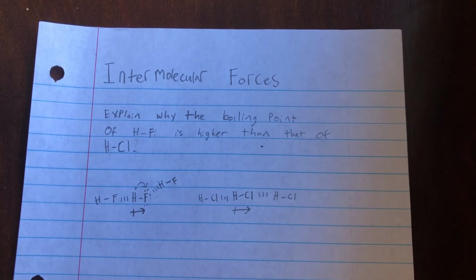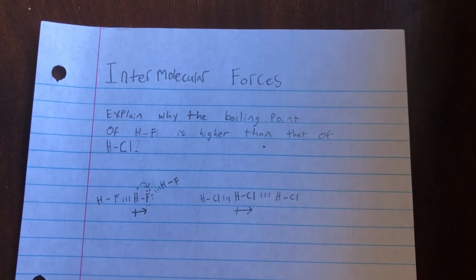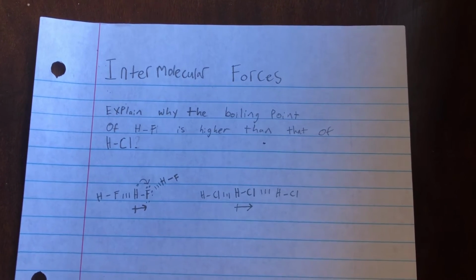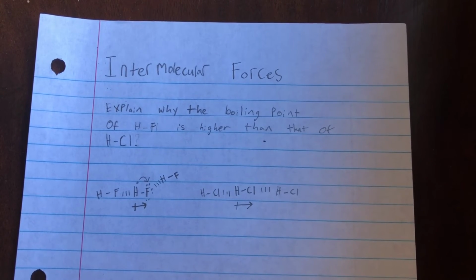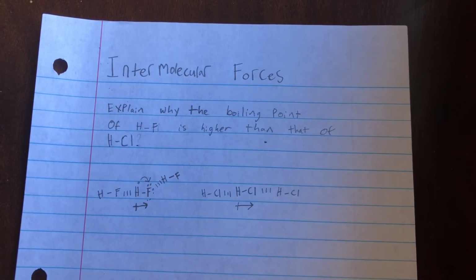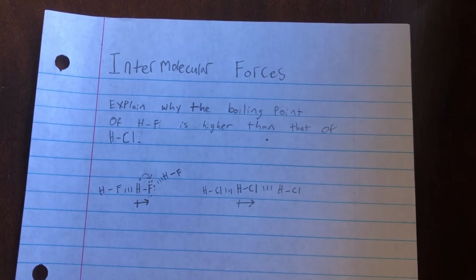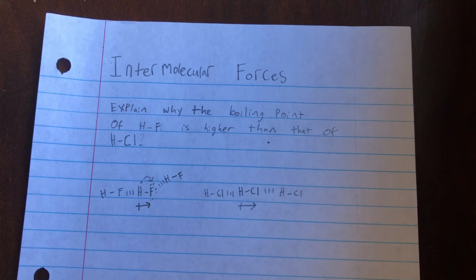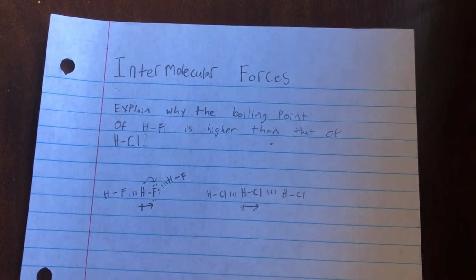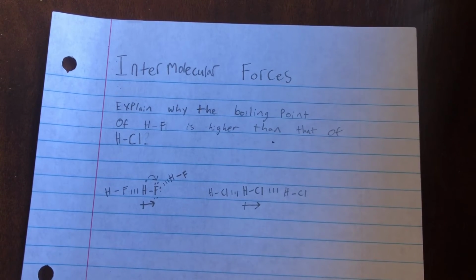Now we can determine that the boiling point of hydrogen fluoride is higher than that of hydrogen chloride because the forces in between molecules are stronger in hydrogen fluoride and therefore take more energy to turn into a gaseous state, which is what a boiling point is.